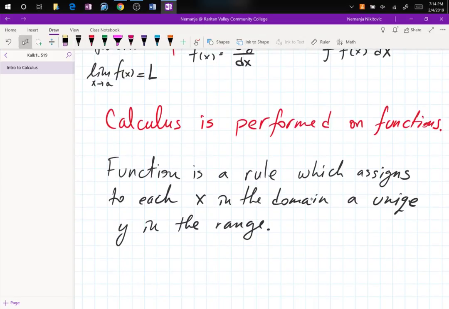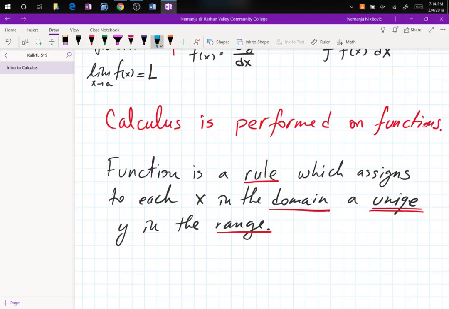And now we underline words: rule, domain, range, and the word unique underlined twice. That's the one that makes this work.